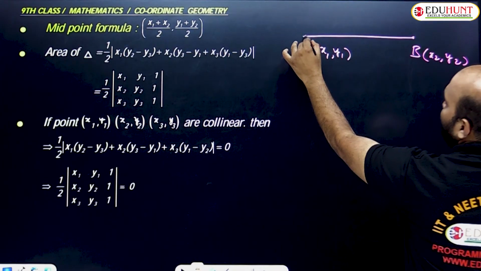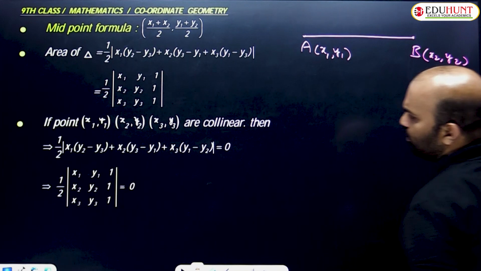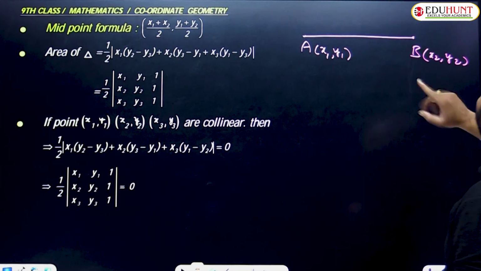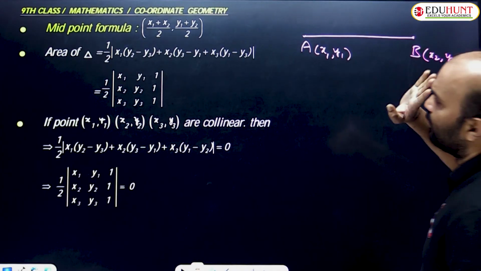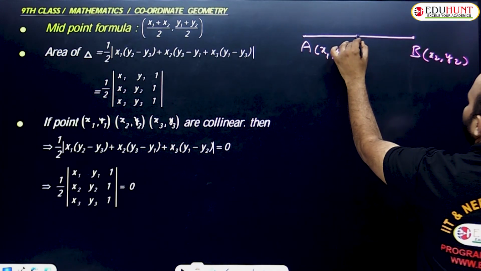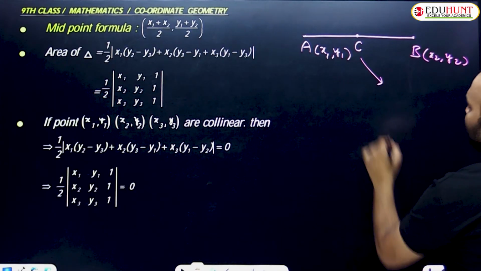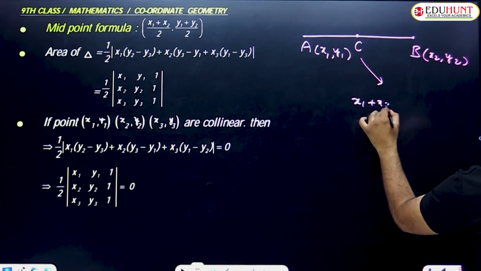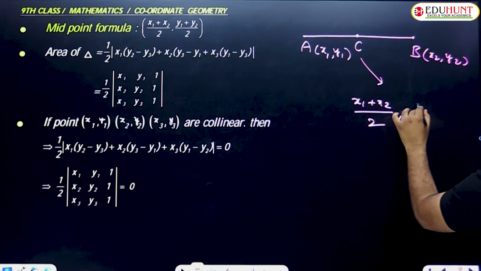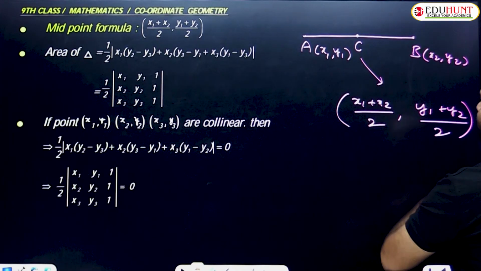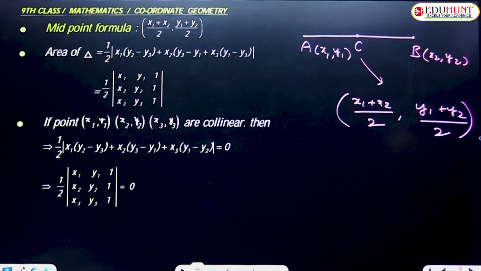The distance formula I already told you: the square root of (x2 minus x1) whole square plus (y2 minus y1) whole square. But here what I am asking is the midpoint. For example, C is the midpoint of A and B. How to find the midpoint? (x1 plus x2) by 2, that is the average value, (y1 plus y2) by 2. So this is the midpoint of line A and B.